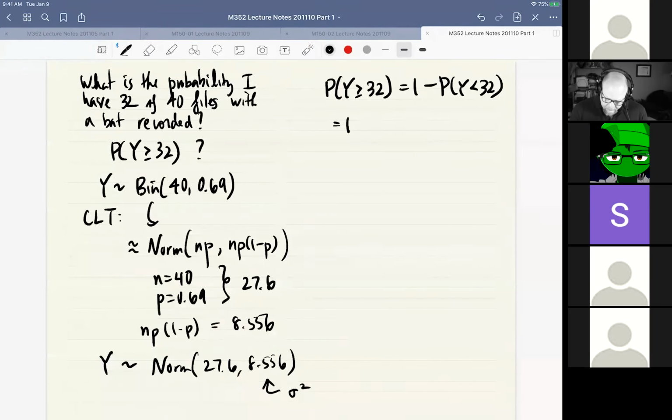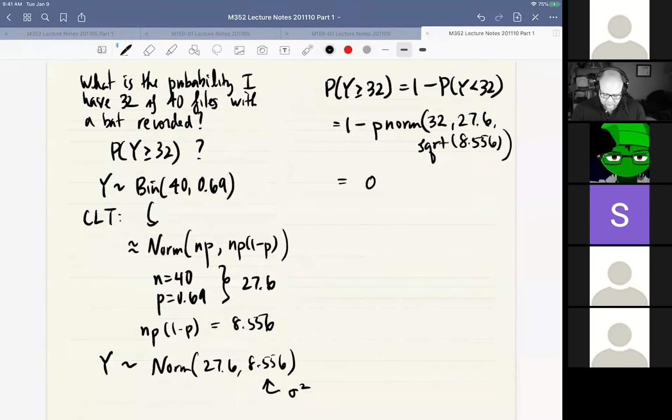To put this in the language R understands, this is pnorm(32, mu 27.6, and then standard deviation, which is the square root of 8.556). So if I throw that into R, it comes out with a number, 0.663.